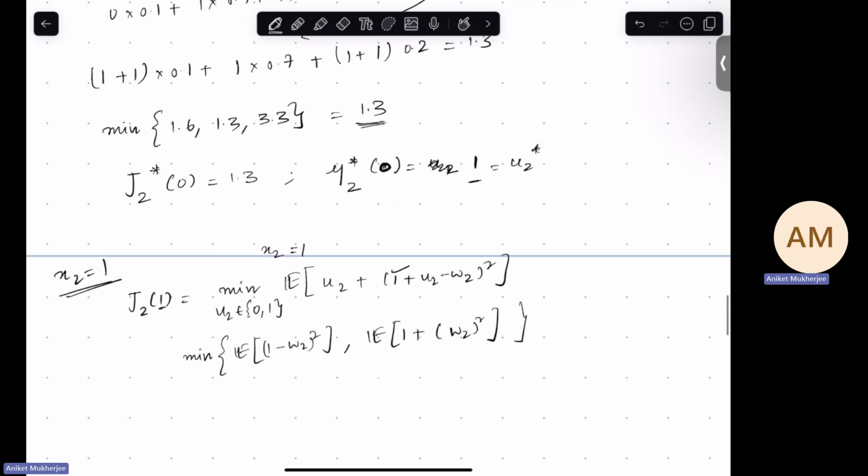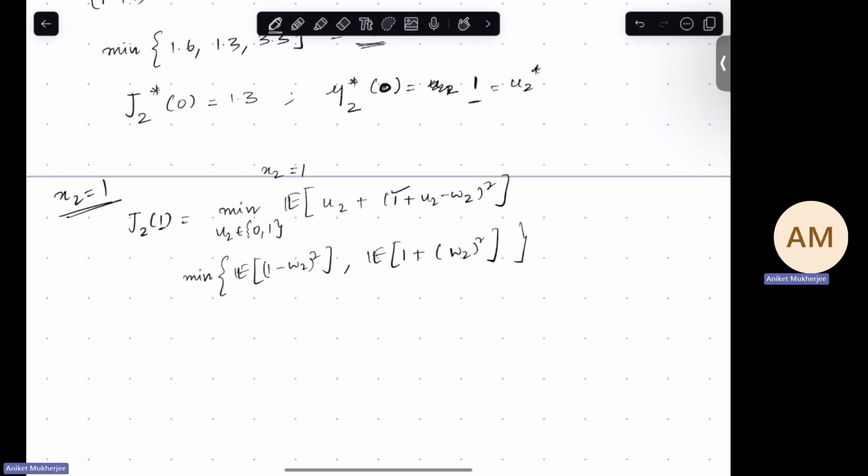These two have to come. Obviously the first will be less, but we'll have to see.